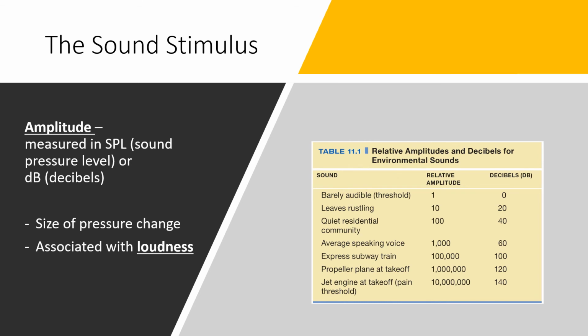If I can just hear something, an average speaking voice is going to go now up to 1,000, and by the time we get to the threshold of pain, where we're probably actually damaging our inner hair cells at 10 million sound pressure level, that would make our figure go up into the sky. And so they just use this logarithmic scale. They changed it over to decibels so that we can talk about the sound stimulus and amplitude more easily.